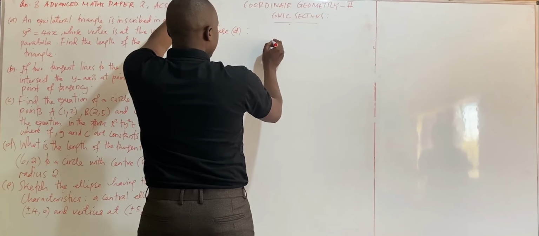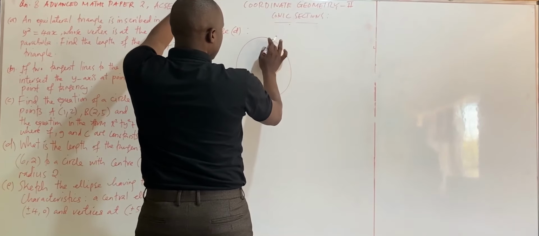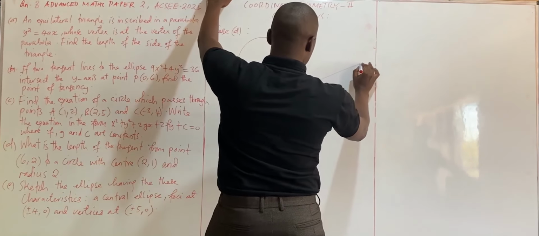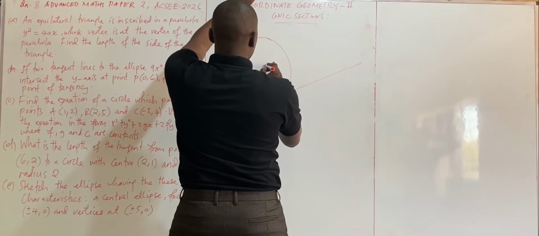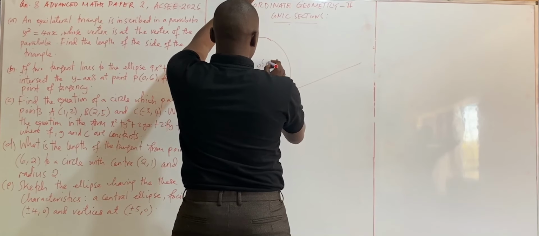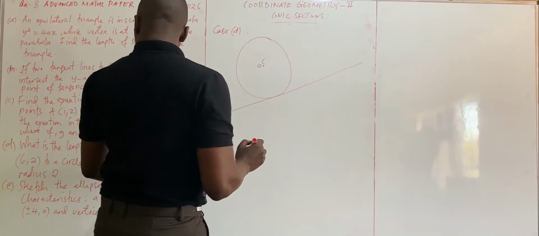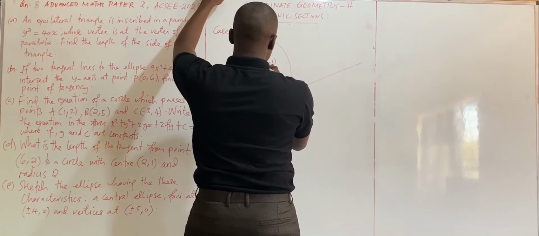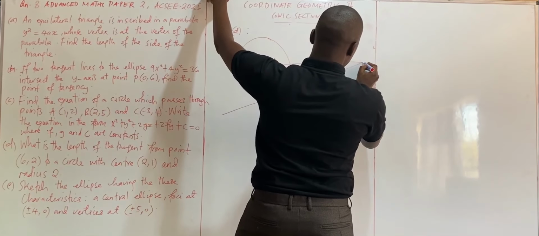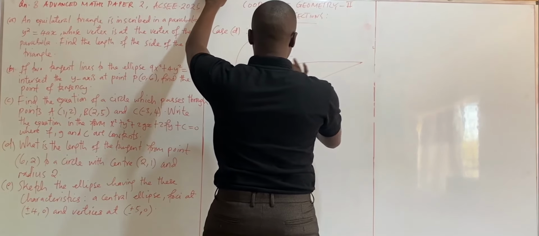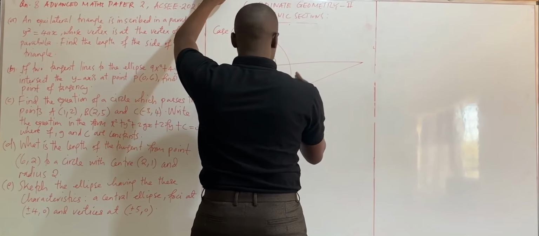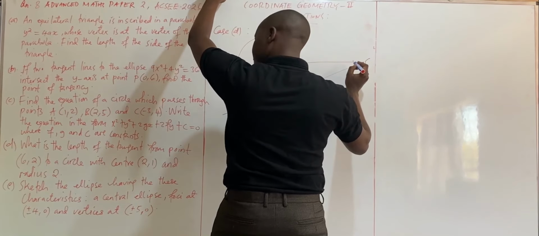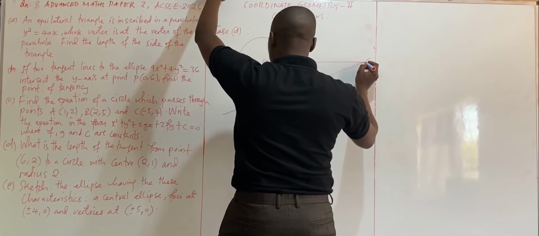Imagine this is our circle, and here we have a tangent line, and here is the center of the circle, which is known to be (2, 1). So we need to find the length of this tangent line provided from the point (6, 2).